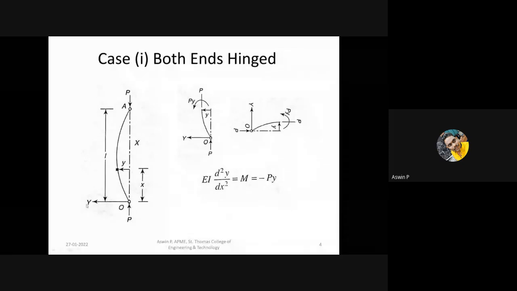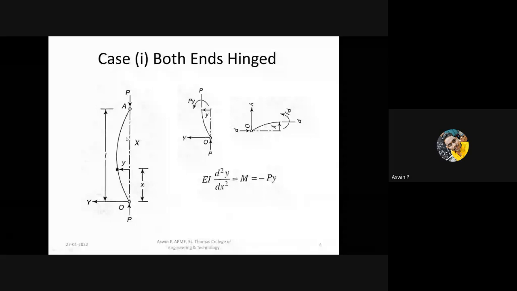So all points should be very carefully marked. AB is the beam or column, its length is L, and we consider a point at a distance x where the deflection is marked as small y. There is a compressive force, capital P, at both ends, and the structural element bulges in a concave form.